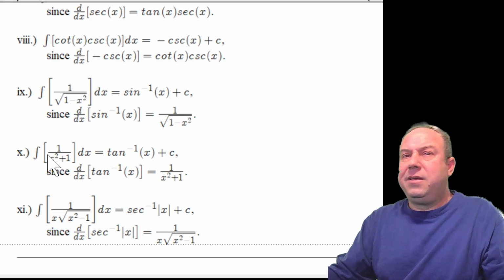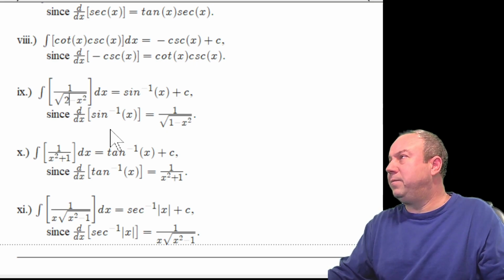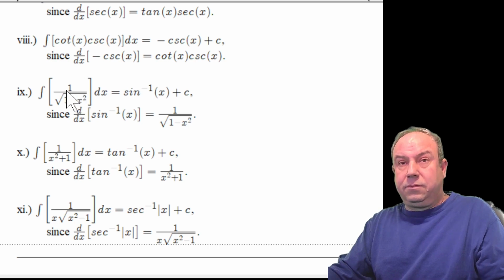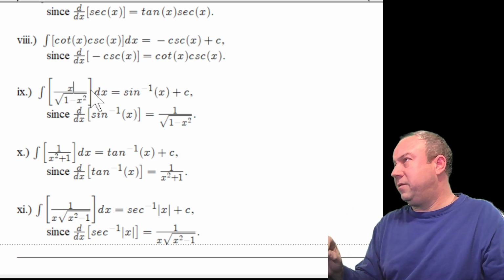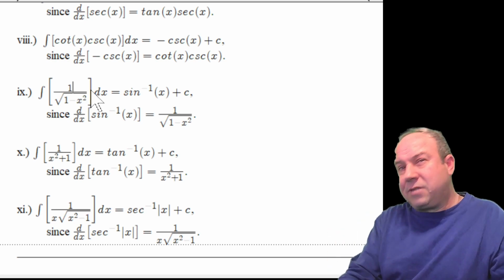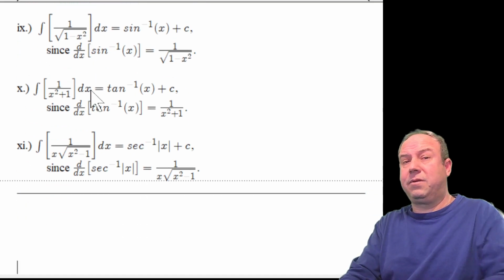If that was a 2 there, we'd have to be a little cautious. Or if that was an x up here, we would have to be very cautious. Other techniques would have to be applied, and those other techniques actually develop in calculus too. All right, keep that all in mind.